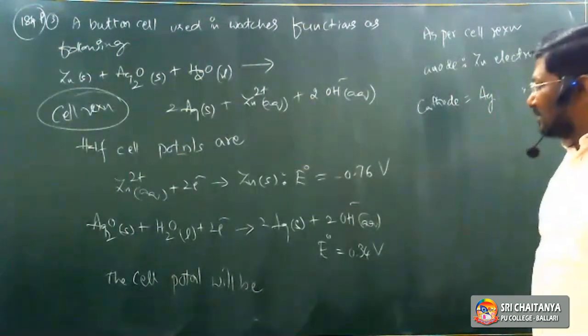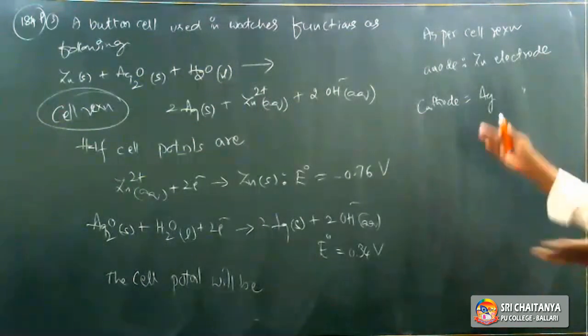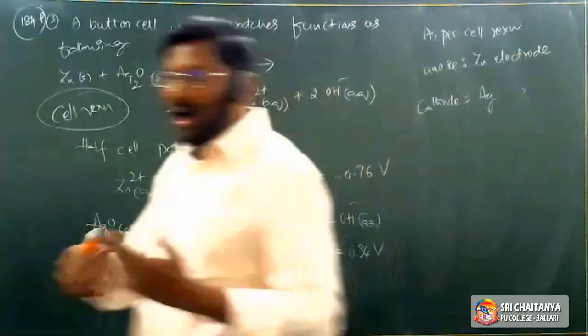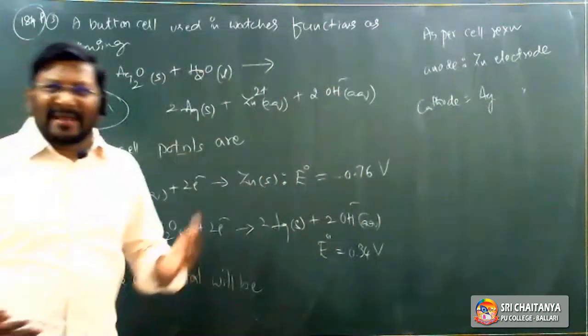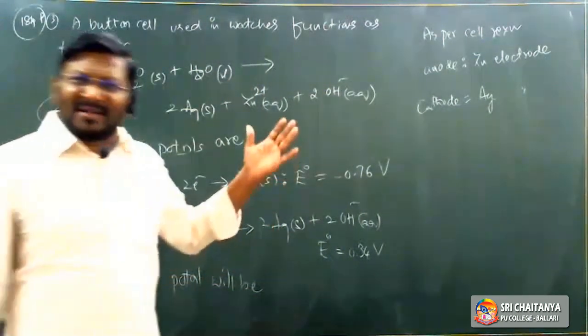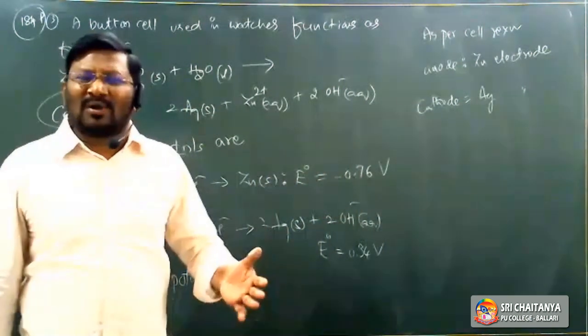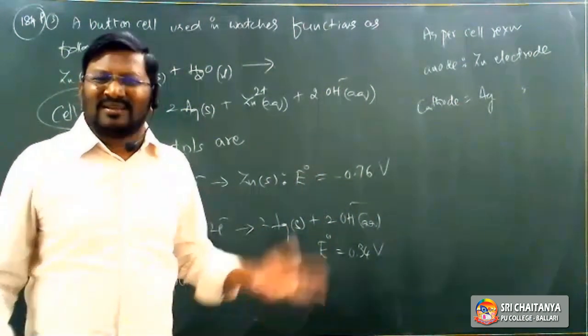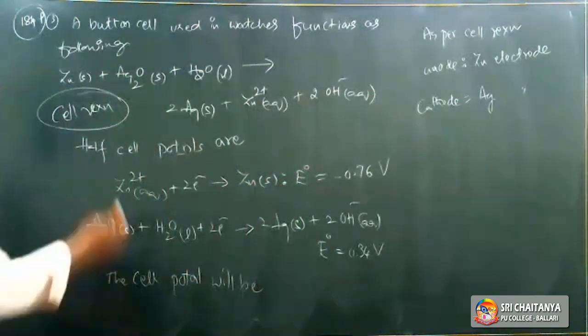Next question, sir, how do you say that it is anode and it is cathode? How can we find out? Very simple. At the anode, which reaction takes place? Oxidation. Now observe the equation.